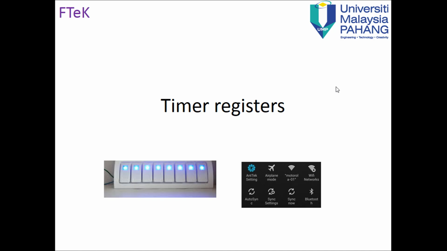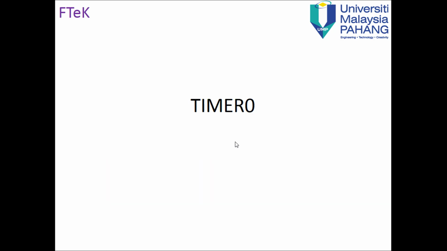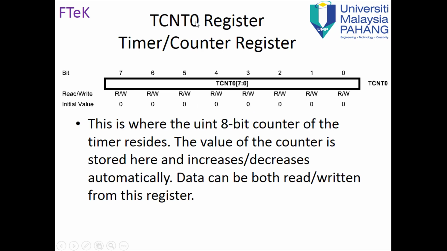Timer registers. I always put this image to help you understand how to control using the registers. Each timer has 2 specific registers, and there are other registers which are shared between the timers. So we have 3 timers in the ATmega32. The value of timer 0 is stored inside TCNT0, the timer counter register.